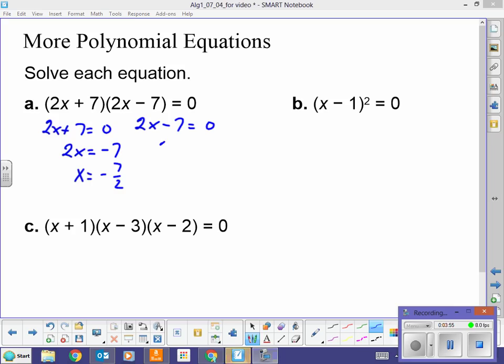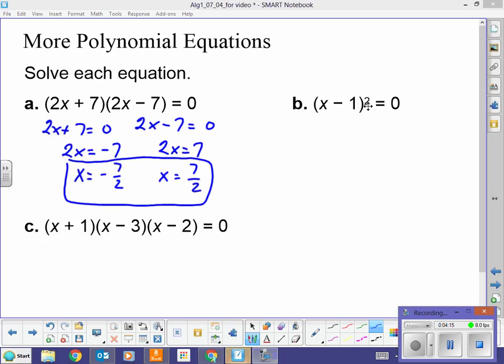Over here, if I add 7 to both sides, 2x equals 7, so x equals 7/2. So in this case, because these are with the sum and the difference of the same two terms, we're going to get a positive and negative version of the same answer here.